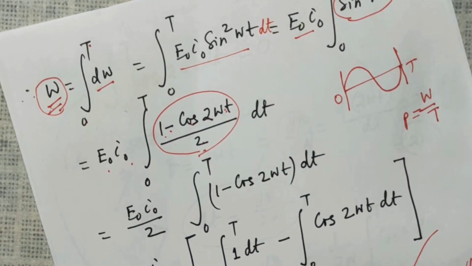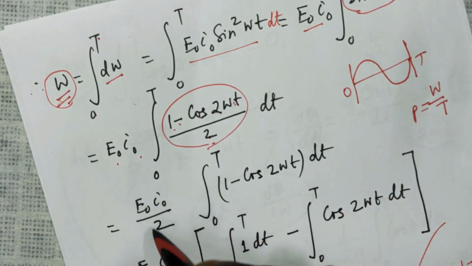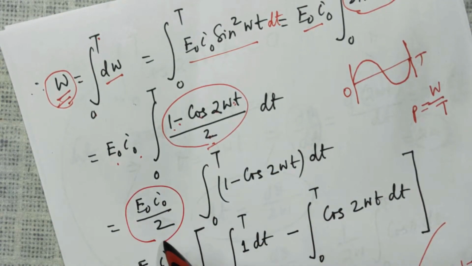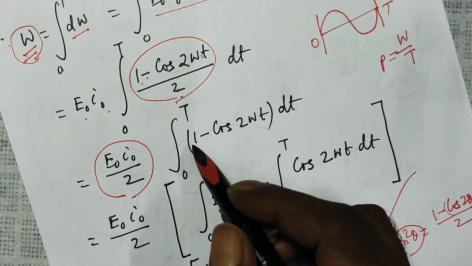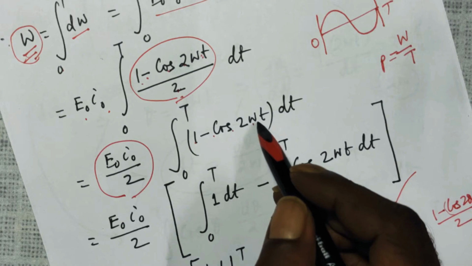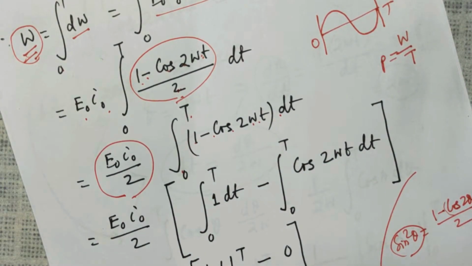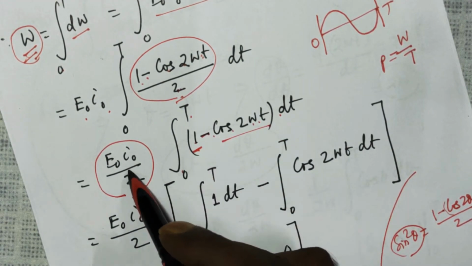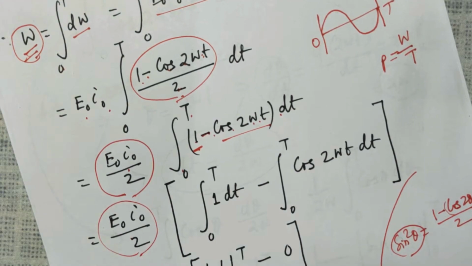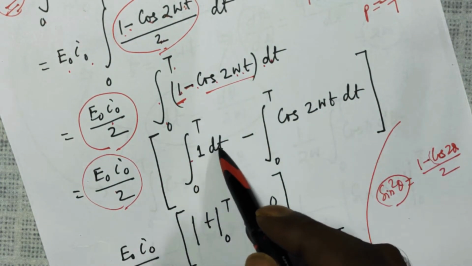So now this 2 in the denominator is a constant, so it is also taken out: E naught I naught over 2. What I am left with in the integration is 1 minus cos 2 omega t dt from 0 to t. So there are two terms, one term here, another term here, with a subtraction. So, integration of 1 dt, integration of cos 2 omega t dt.